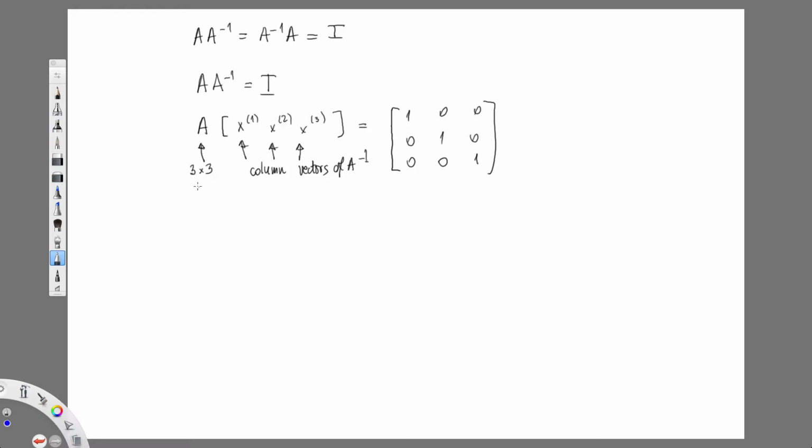When I actually multiply this, the way matrix multiplication works, and you can convince yourself by doing it by hand, this is A times the first column, A times the second column. So it's basically a matrix with 3 columns, and each column is A multiplying the corresponding column here. And that has to be equal to this identity matrix.